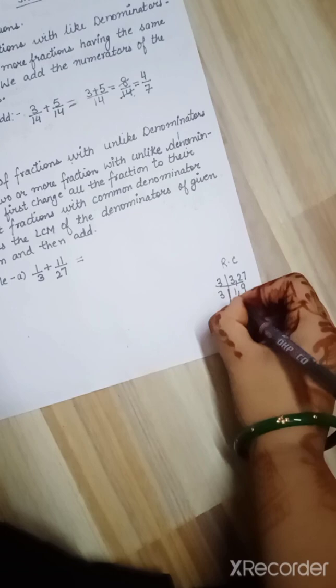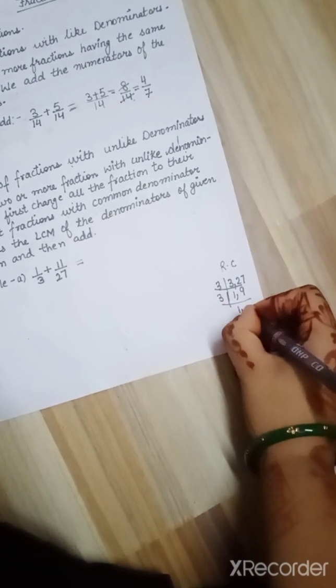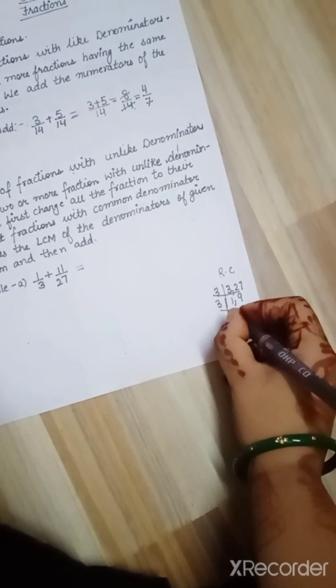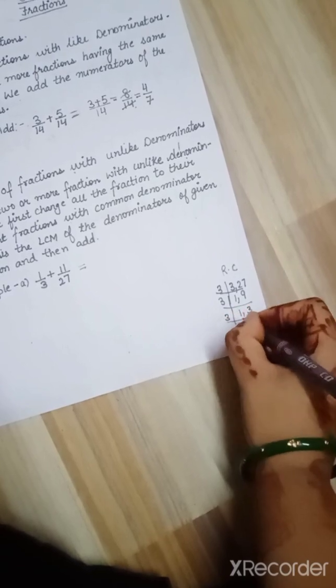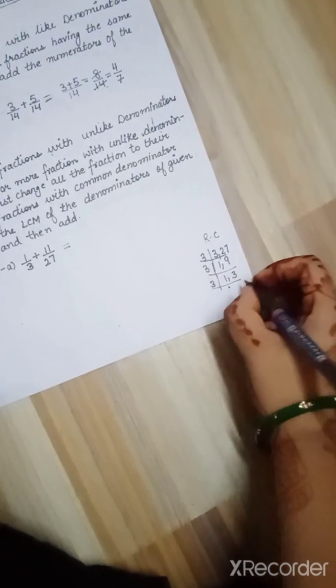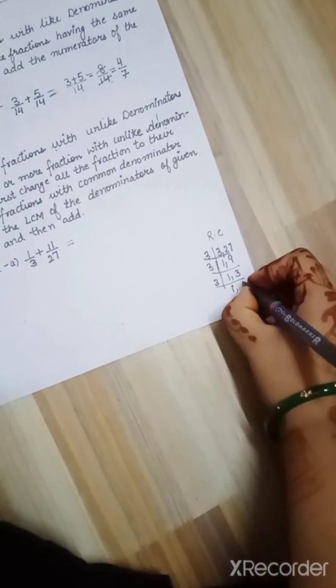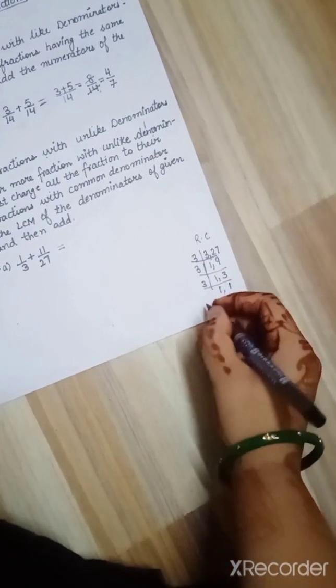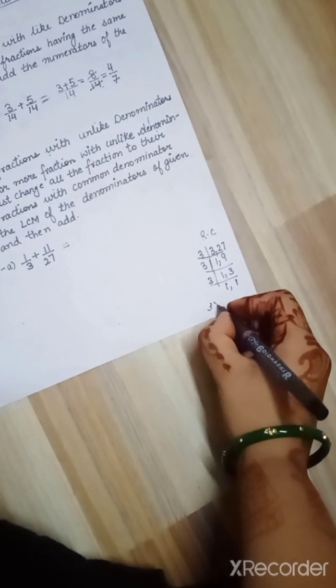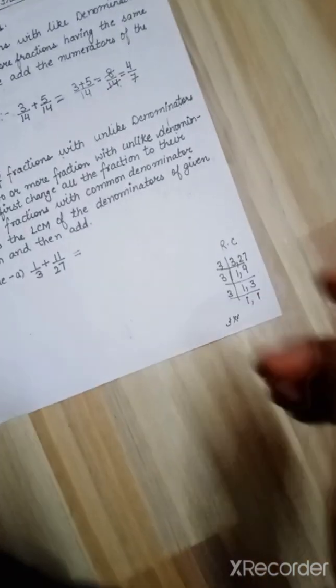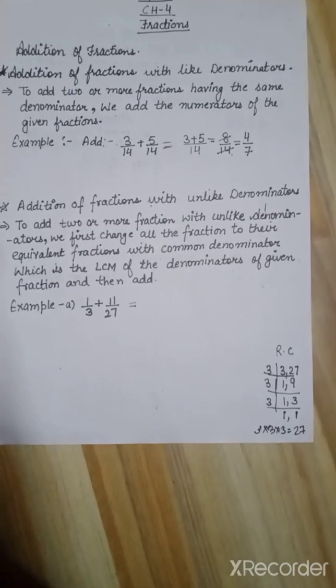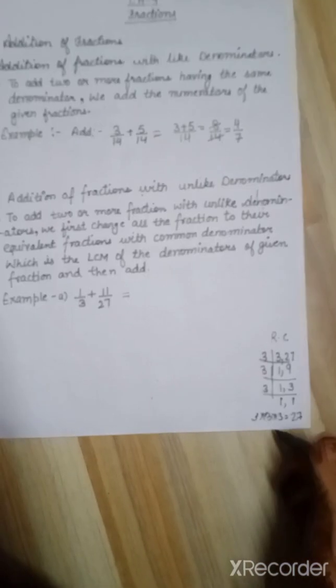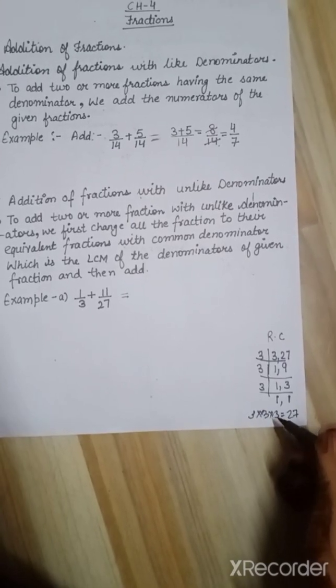Then again I am doing factorization, 1 and here comes 3. Then again 3, 1 and 1. So the LCM is 3 multiplied by 3 multiplied by 3. 3 threes are 9, 9 threes are 27. So the LCM is 27.